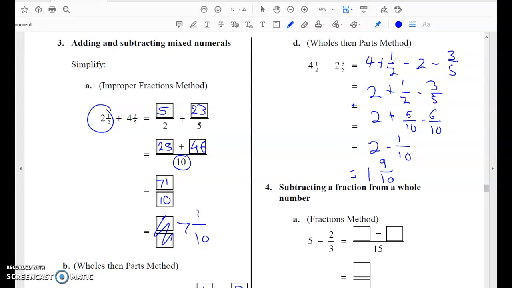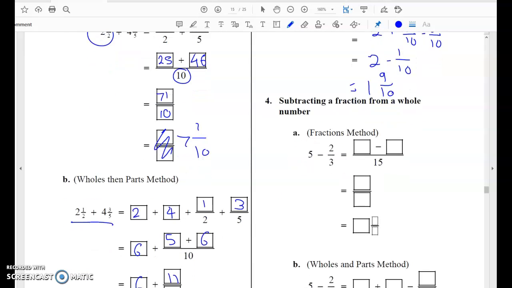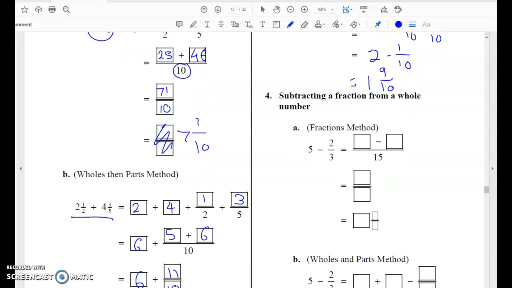All right, just quickly subtracting a fraction from a whole number. So quickly here, 5 minus 2/3. Well, 5 is the same thing as 15 over, oh, so if we change them both to a denominator of 15, 5 is going to be 75, and 2/3 is going to be 10.